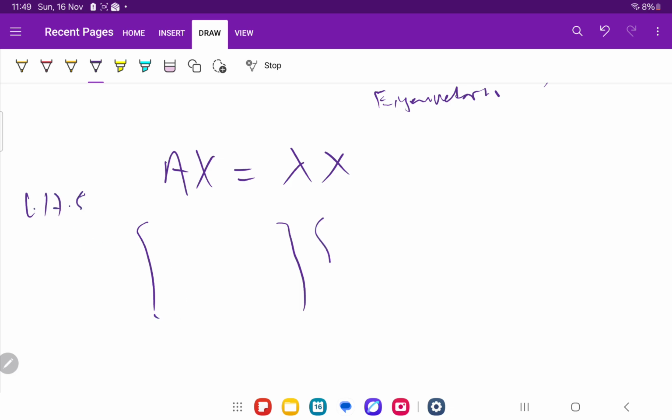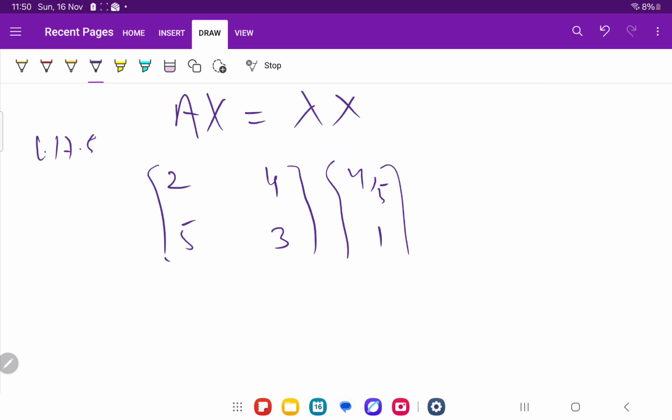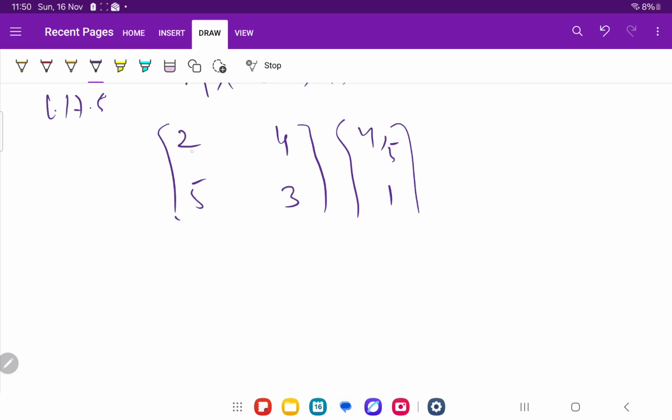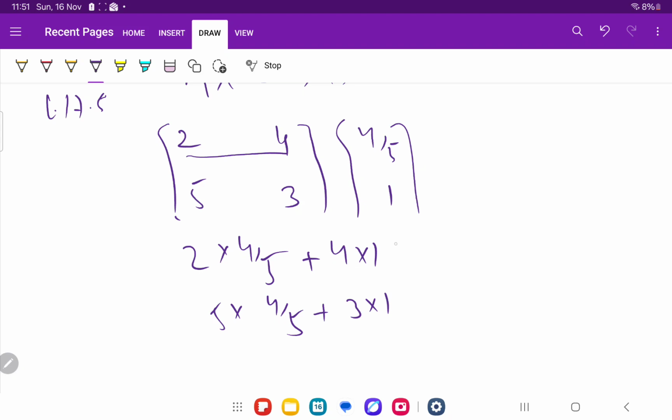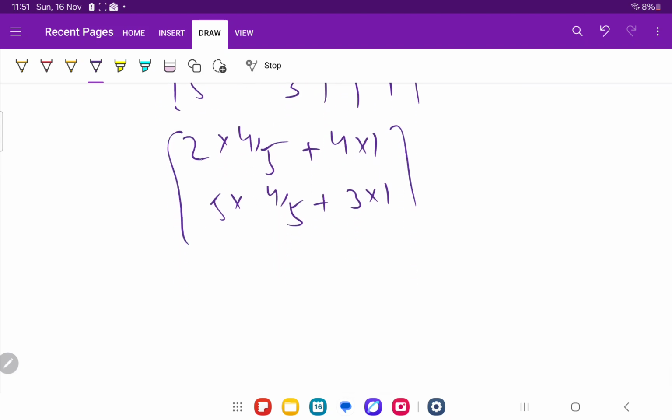So what was the first matrix? The matrix we have been given, A. So multiply these two. So row with column, 2 multiplied by 4 by 5 plus 4 multiplied by 1, and 5 multiplied by 4 by 5 plus 3 multiplied by 1. That is the multiplication. We are already familiar with that. So 2 multiplied by 4 is 8 by 5 plus 4.